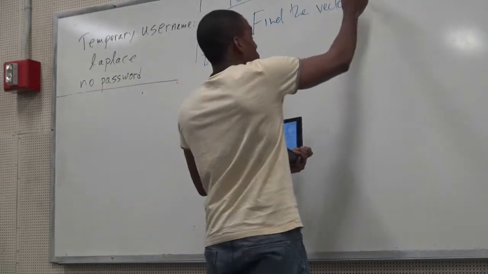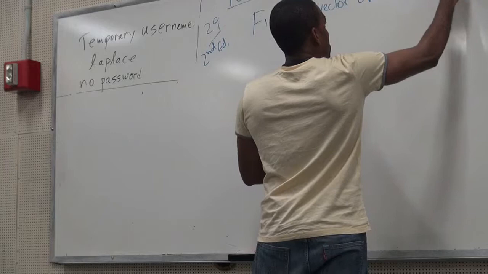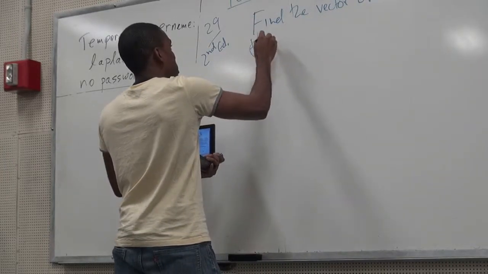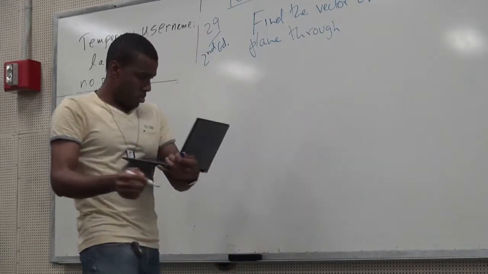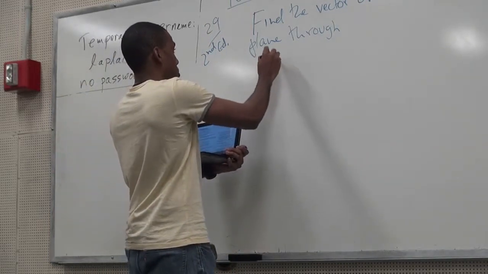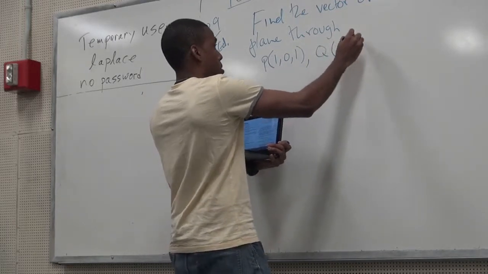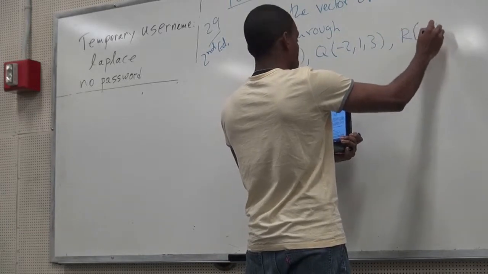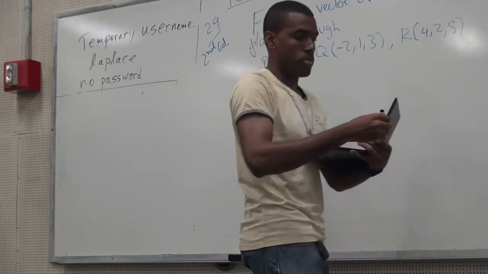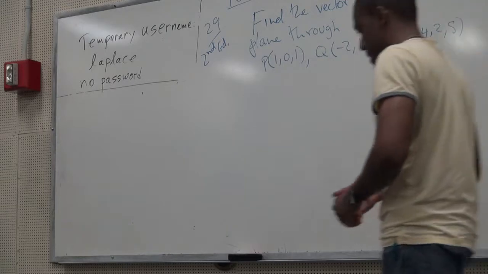So it's find the vector orthogonal to the plane through... Okay, how do we do it?